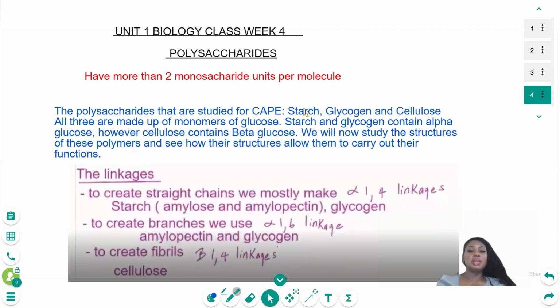So here are the linkages. We have times when our glucose units are linked from the number 1 to the number 4 carbon. That's called an alpha 1,4 linkage. We find that alpha 1,4 linkage in starch and glycogen.